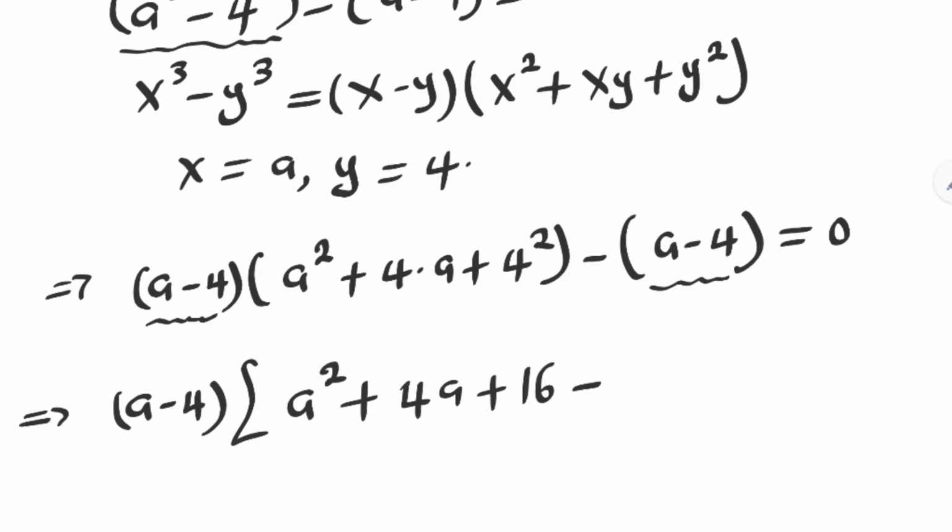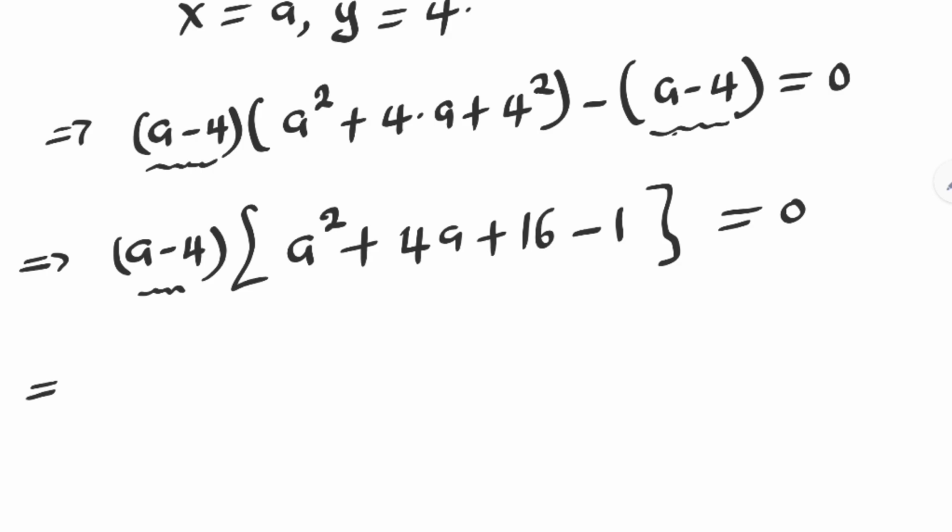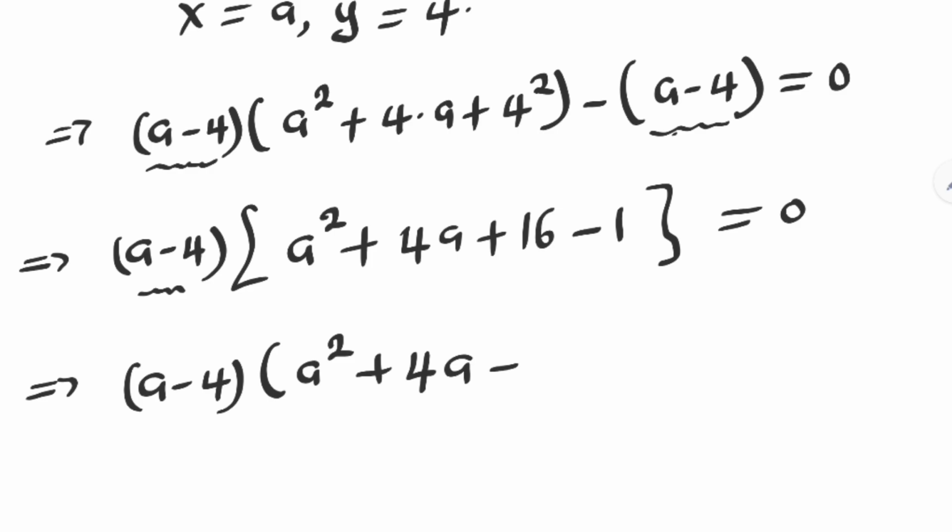Then minus, if you divide this by this, we have 1 is equal to 0. Here will be a minus 4 bracket a square plus 4a plus 16 minus 1, that will be plus 15, is equal to 0. There are two cases here.